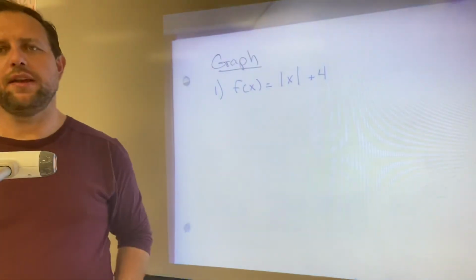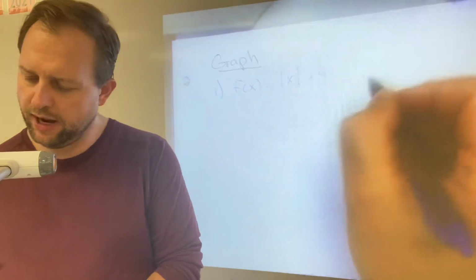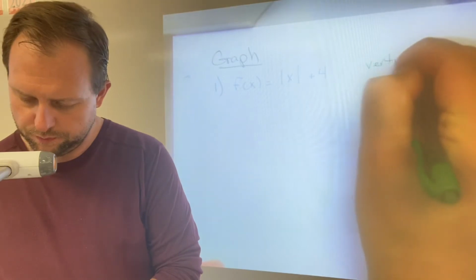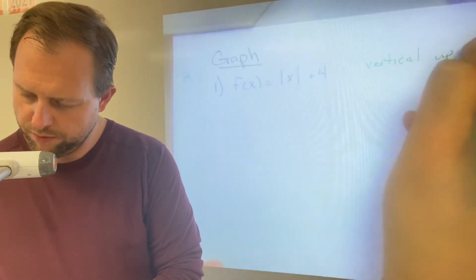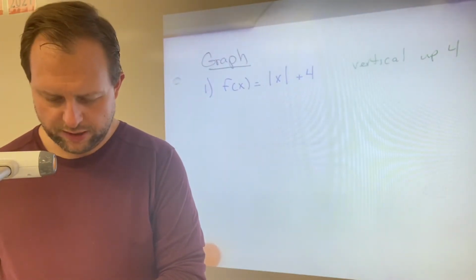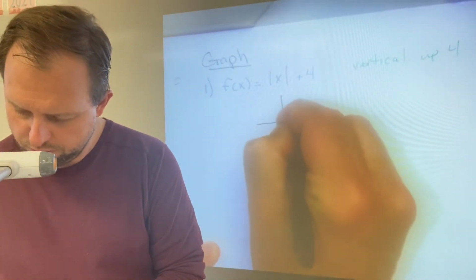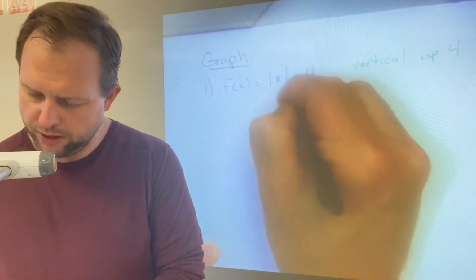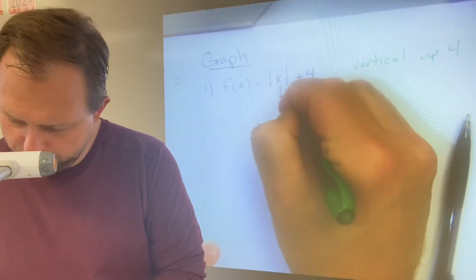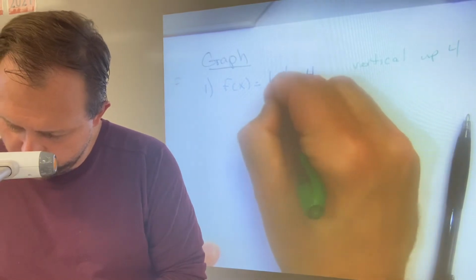So that means that every output is going to be 4 greater, which means a vertical shift up 4. So if we look at this, it's our normal graph, but it's going to start at 4 up and then head off at our normal 45-degree angles.